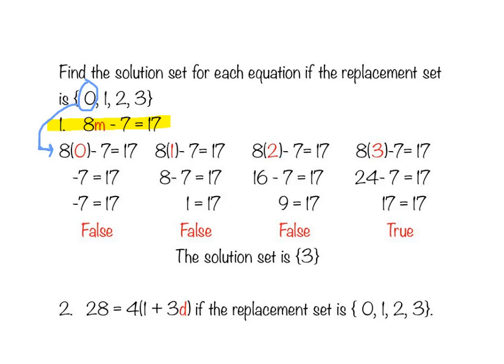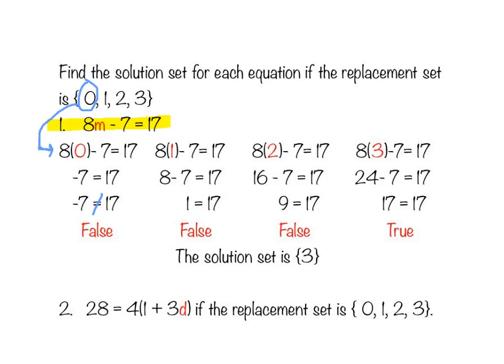8 times 0 minus 7 equals 17. Is that true? Well, 8 times 0 is 0, minus 7 is negative 7. Does negative 7 equal 17? Negative 7 does not equal 17. Therefore, 0 is not a solution.